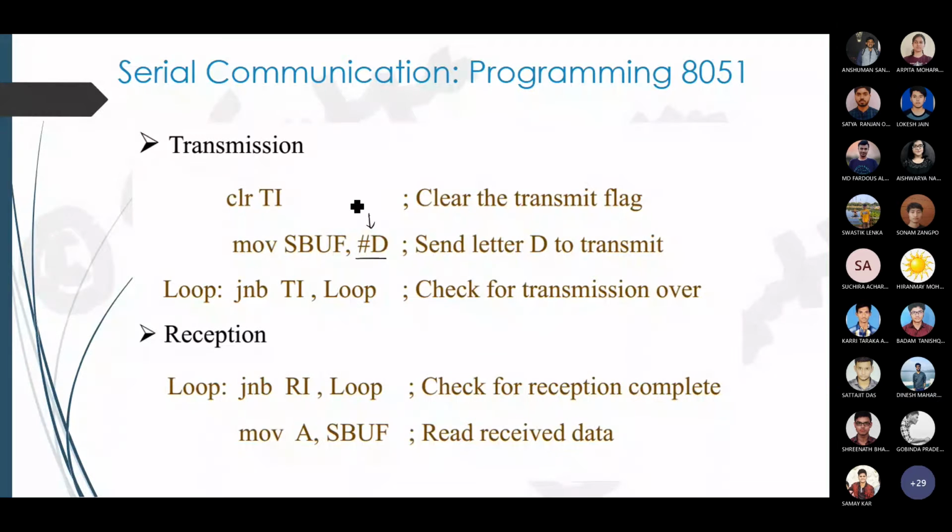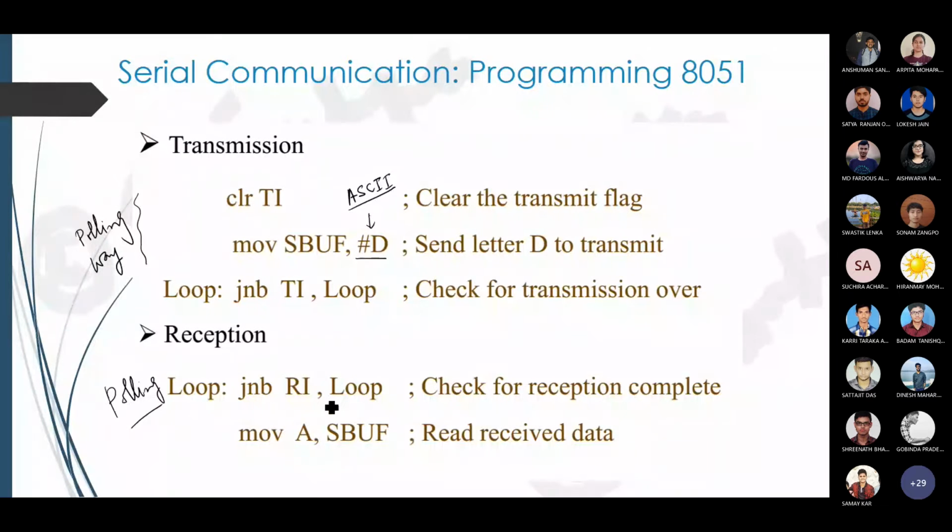And then in the looping, we are checking that one, right? So check the transmission is over. And in the receiving one, we are essentially placing this in the polling mode. Okay. So we are only checking that RI.